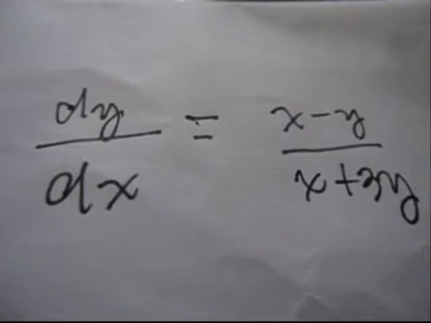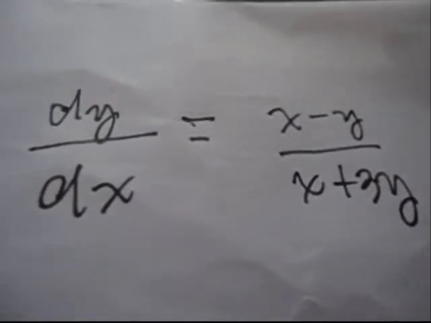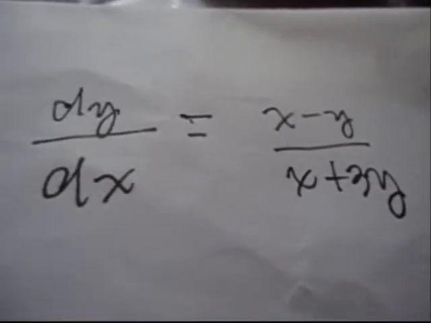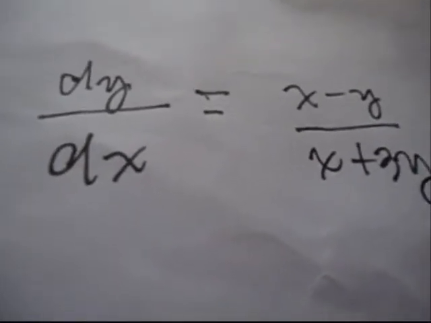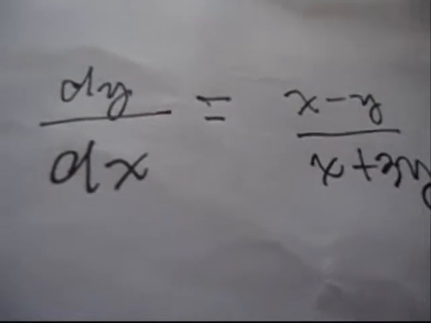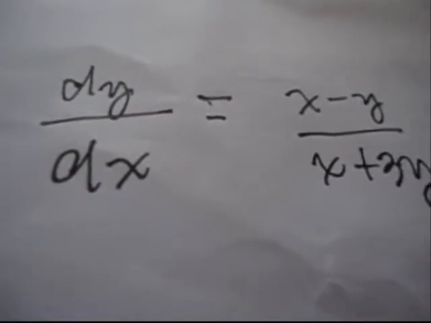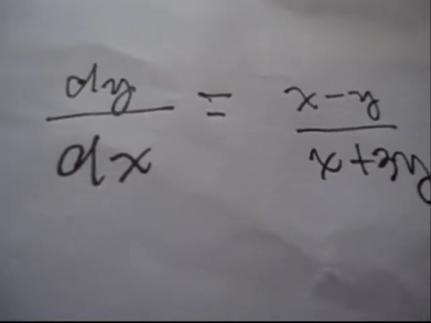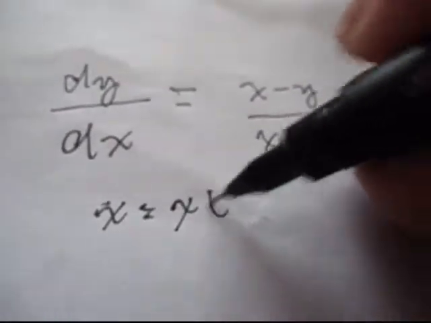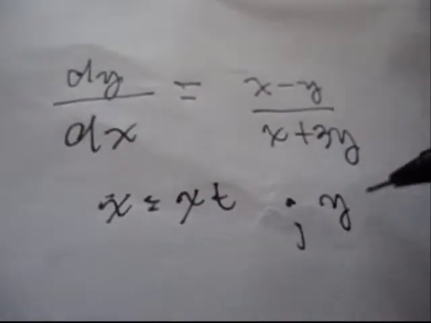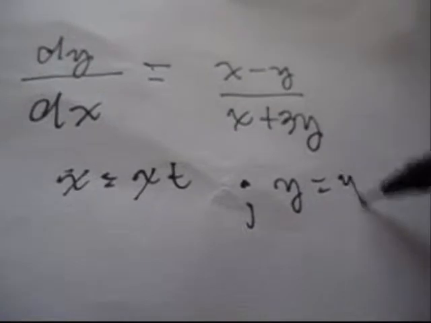Now we have the problem dy over dx equals x minus y over x plus 3y. As you notice in this problem, it seems like it is a homogeneous differential equation. So in order to confirm it, first we will let x equal xt and y equal yt.